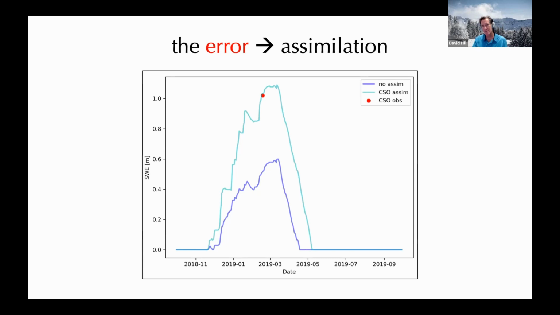Based on that observation, our model output gets changed to try and make the model output actually go through that data point. And it's that simple. This assimilation process is just looking at the observations and nudging the model towards those observations. Now, in practice, we would hope to have measurements like these red dots coming in every week, every 2 weeks, every day, something like that, so that the model would constantly get these refinements.